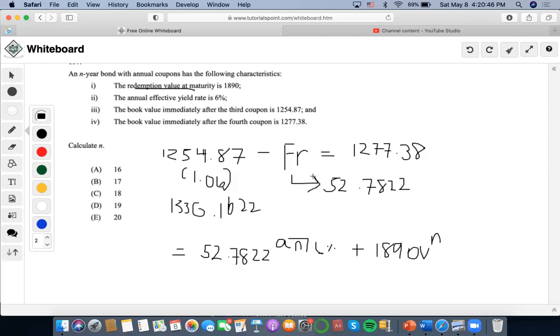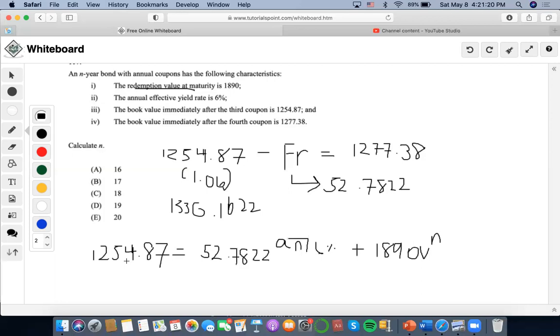Since we found the amount of coupon that we've paid off up until getting to this amount, that would mean that we would just set the book value immediately after the third coupon, this amount, equal to the whole bond pricing formula, because that's where we're basing all of our information from, the book value at time 3. Now, what we can do from here is solve for n.